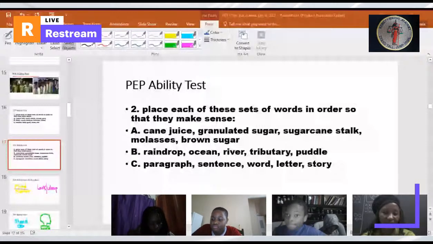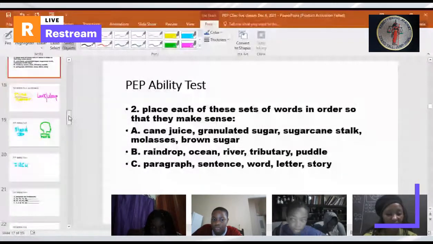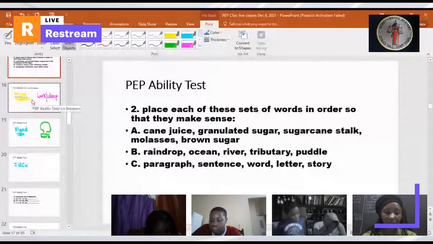All right, let's move on. Now we have these things called icebreakers, and we're going to do just a few of them. As we go along, we do more and more of the icebreakers. This is in the ability test. These icebreakers are words that tell a little story.